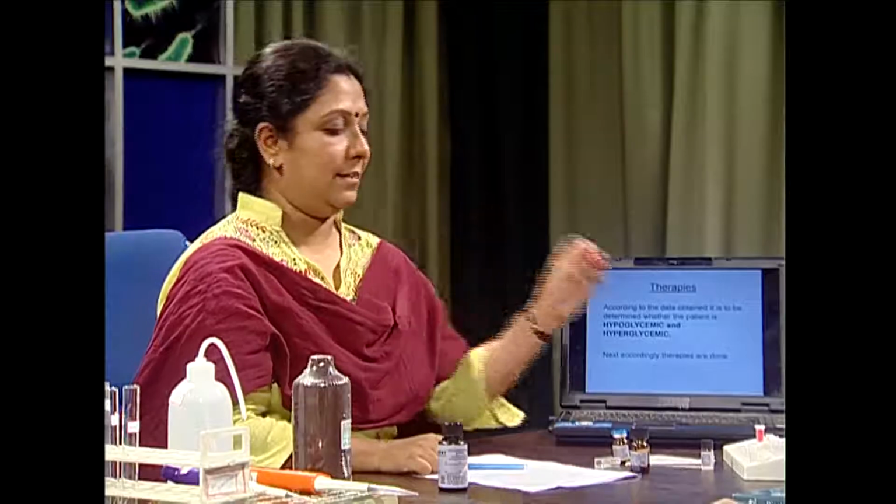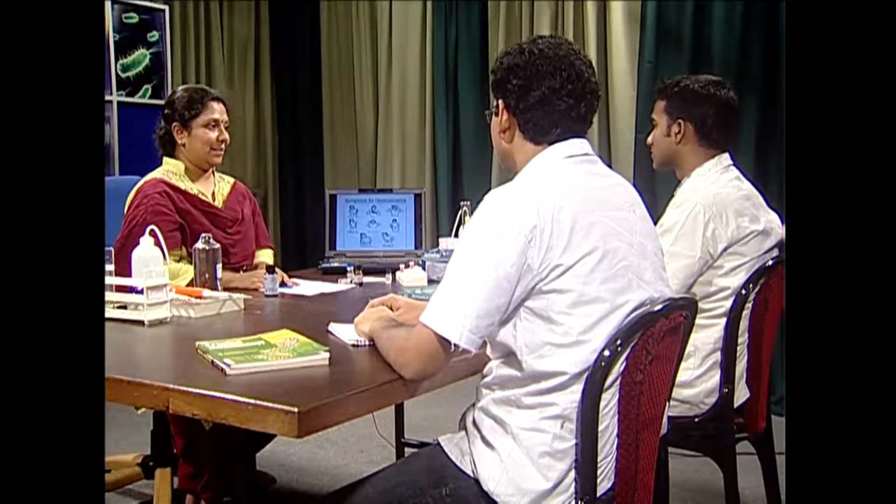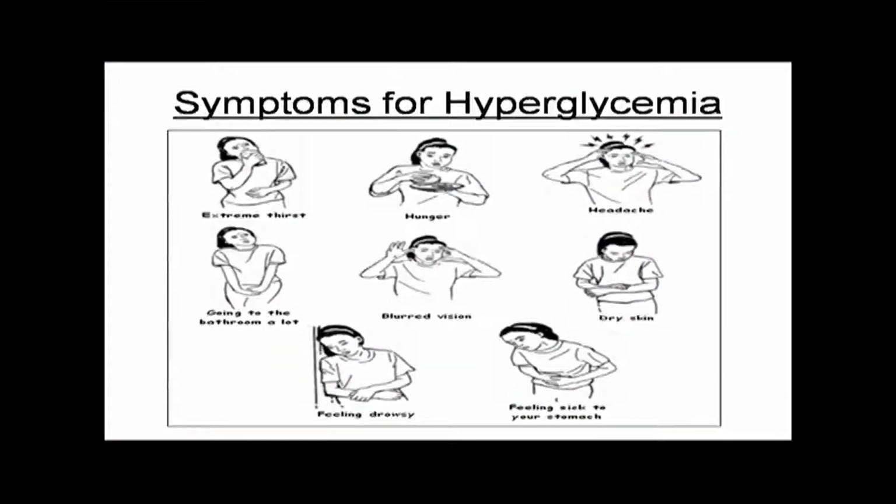According to the data obtained, we may conclude whether the blood sugar is hypoglycemic or hyperglycemic. According to the result or comments, the treatment will be recommended by the medical practitioner. So you can see there are some symptoms for hyperglycemia, that is the diabetic condition. Headache and body cramps can be followed here.